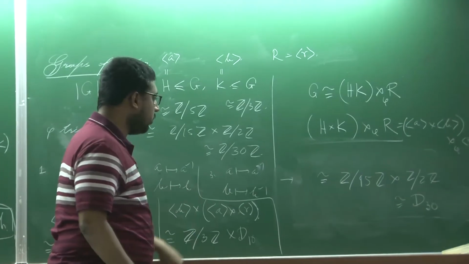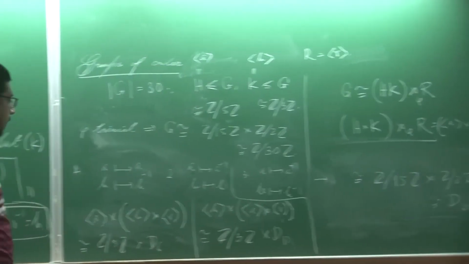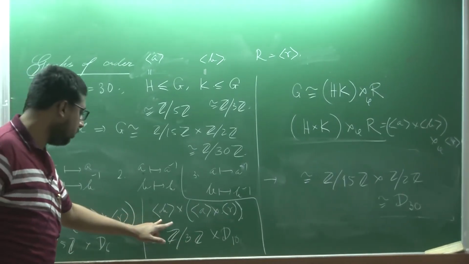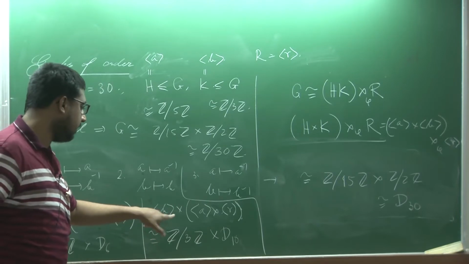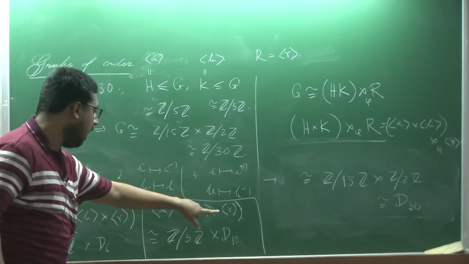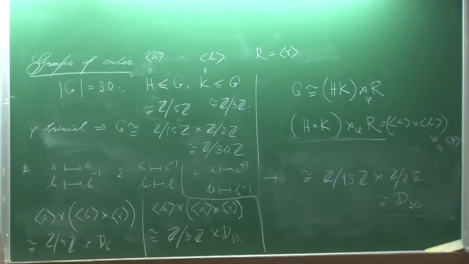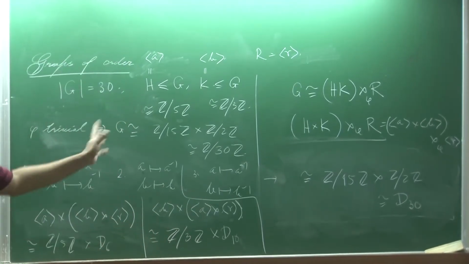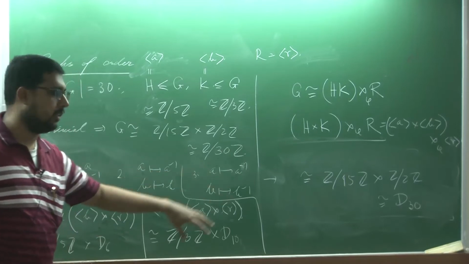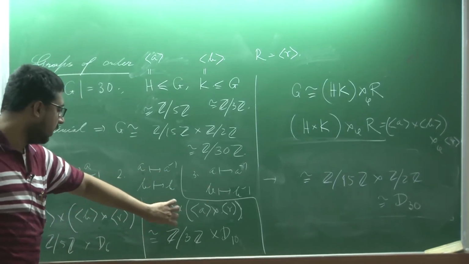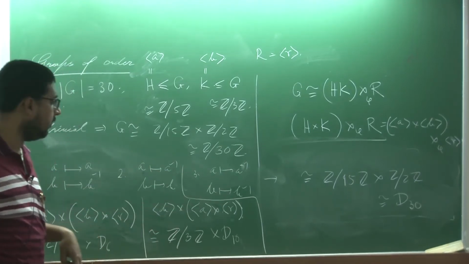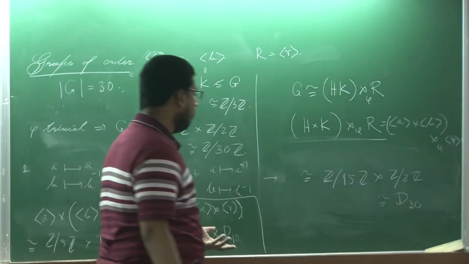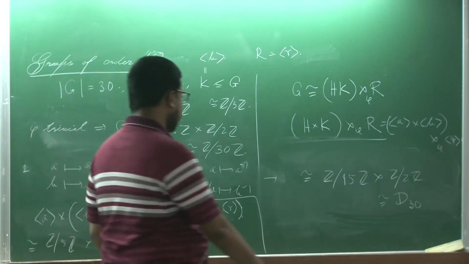This is going to lie in the center, that part is quite clear, because R is acting trivially upon B, and of course A is also acting trivially upon B. Then you have to just make sure that no other elements than from this are lying in the center.